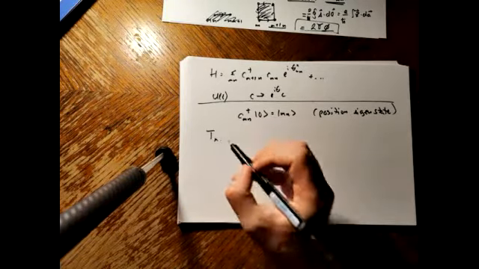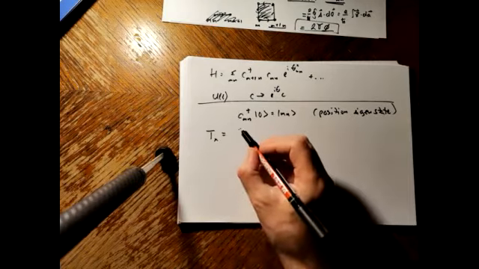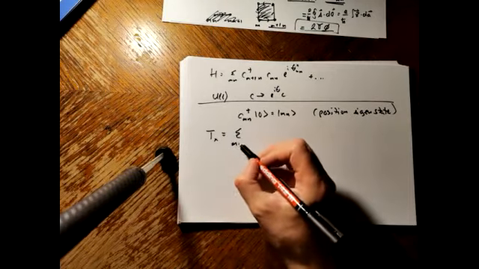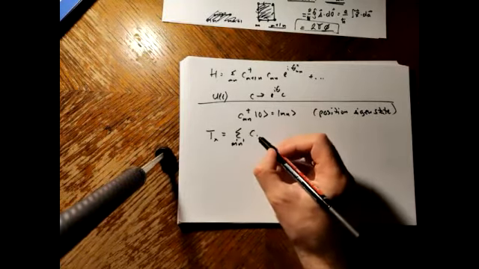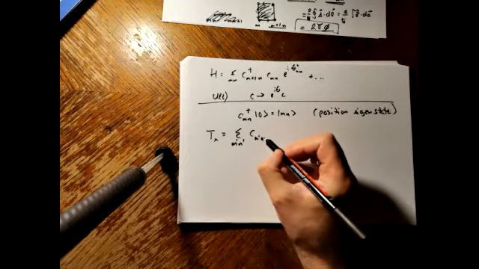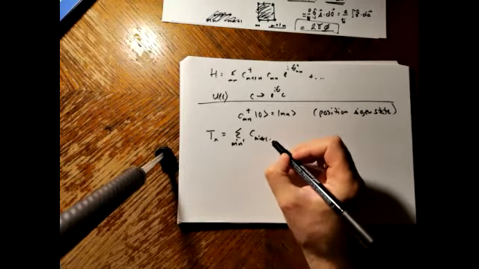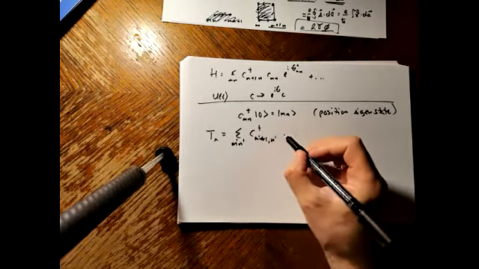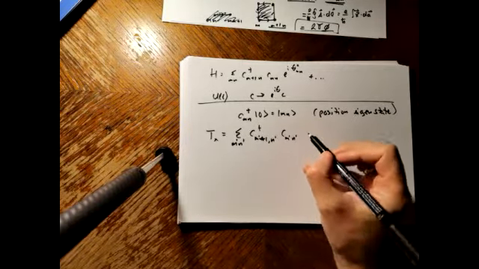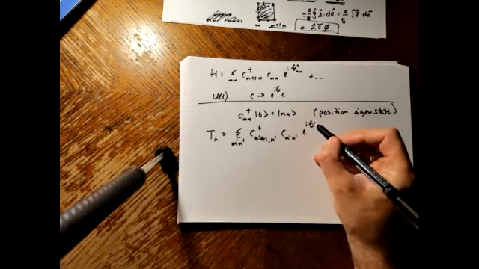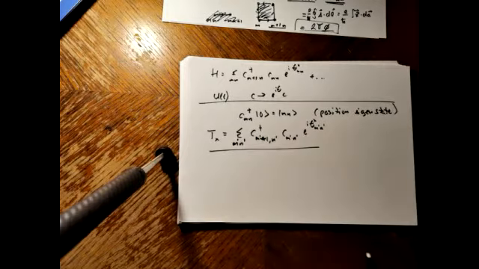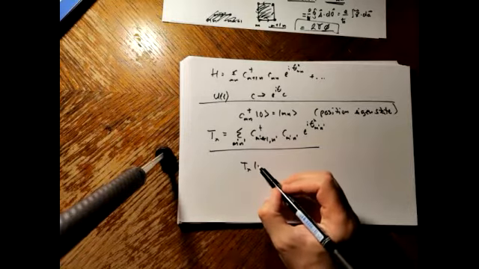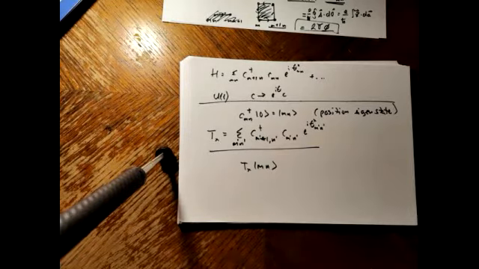Let me define the operator Tx again. That's a sum over m prime n prime of c m prime plus one n prime dagger c m prime n prime e to the i theta x m prime n prime. That's our Tx operator. Now the question is, what happens if our Tx operator acts on a position eigenstate?